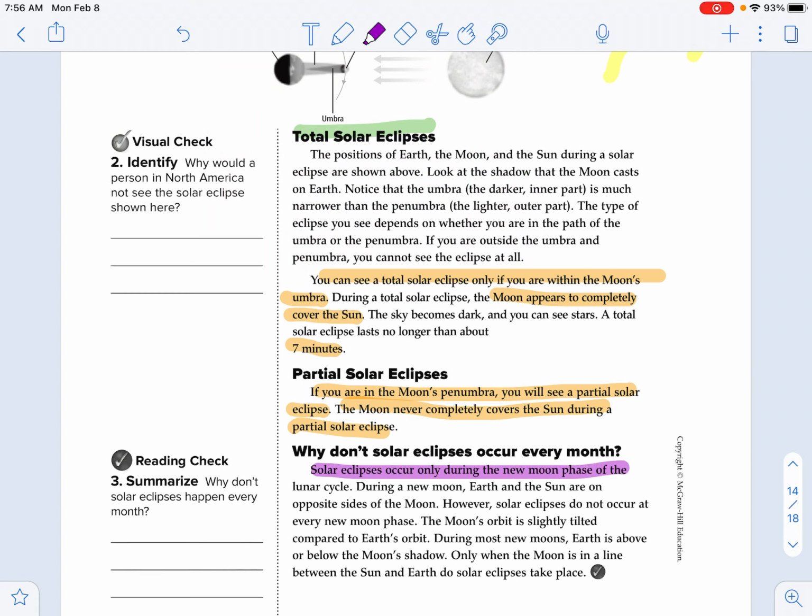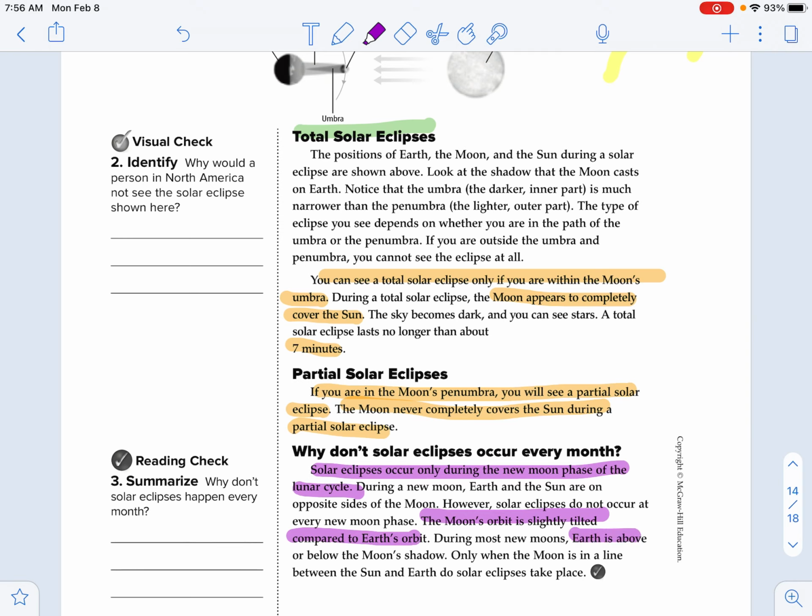Let's go ahead and change color. But we have a new moon every single month, so why aren't we having a solar eclipse every time? During a new moon, the Earth and the sun are on opposite sides of the moon. However, solar eclipses do not occur at every new moon phase. The moon's orbit is slightly tilted compared to Earth's orbit.